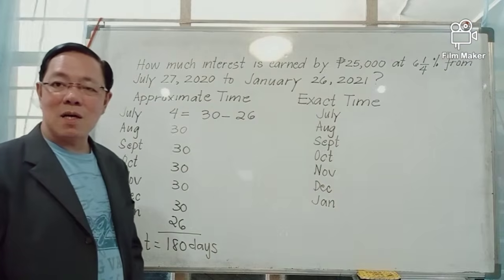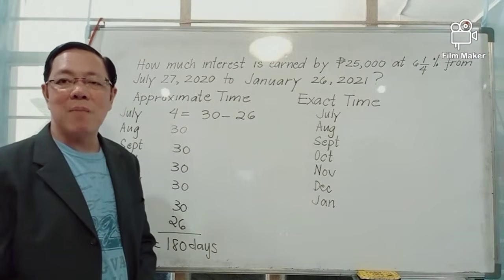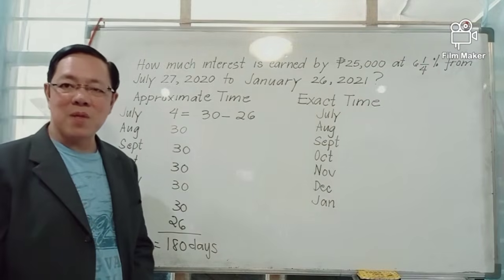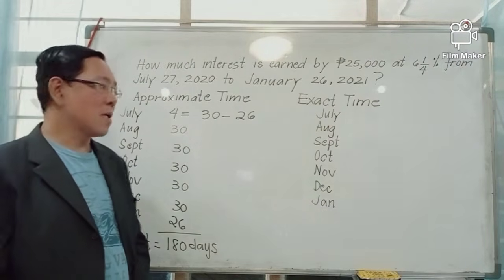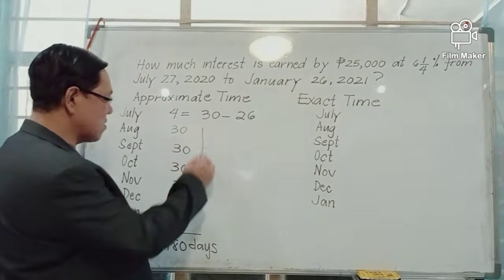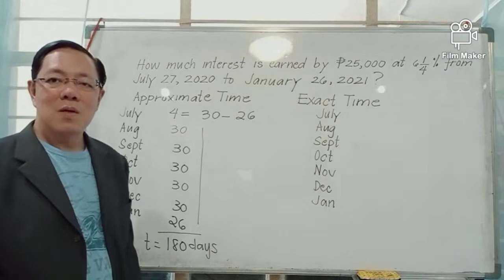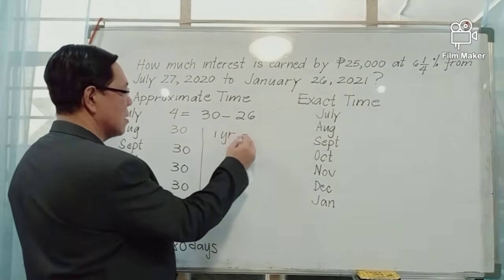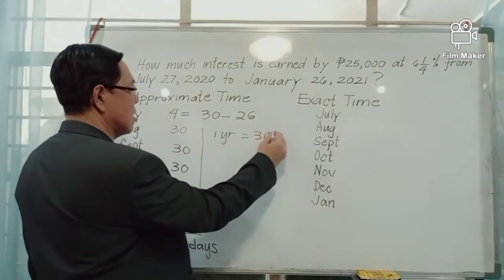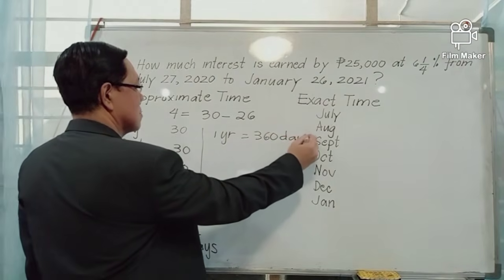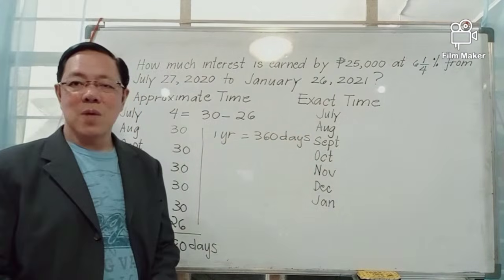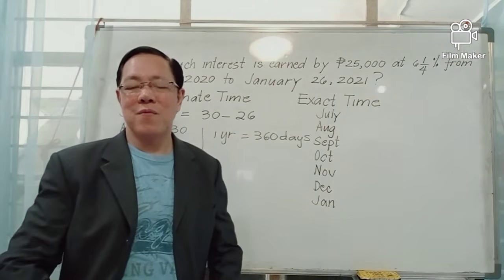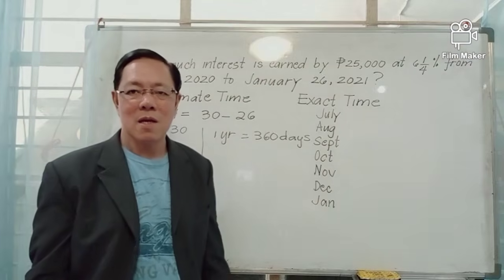But in using the formula for computing the amount of simple interest, we have to convert the number of days to year. For the approximate time, we take 1 year equals 360 days, because we assume that each of the 12 months in a year has 30 days.